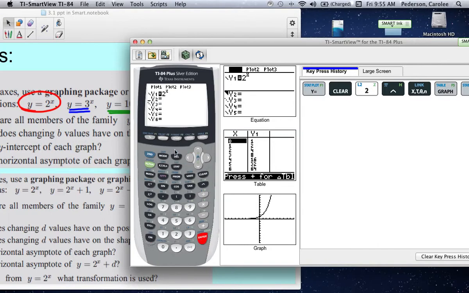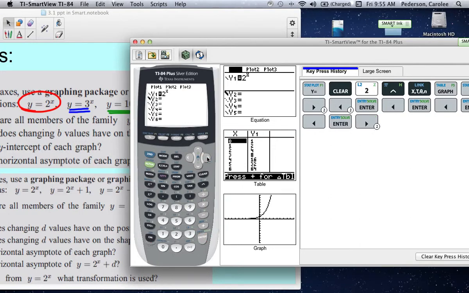I'm going to have it as a dotted line. Okay, there's a thicker line. Now we arrow back over.